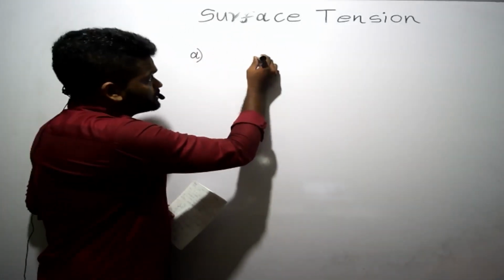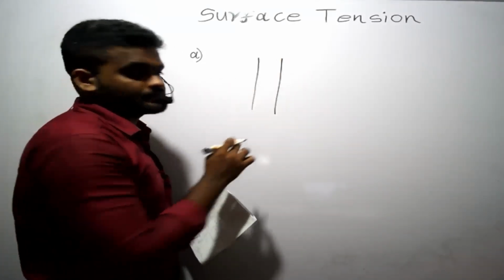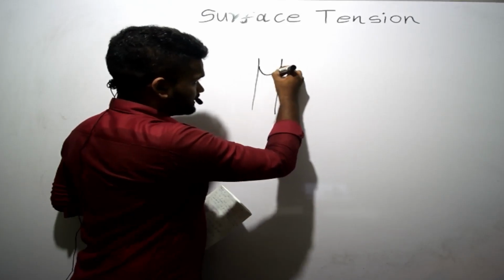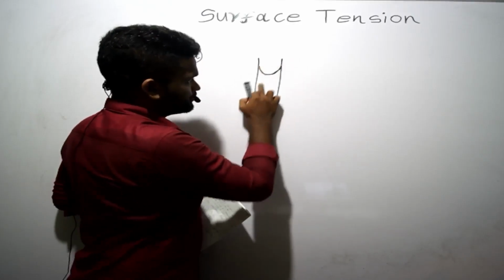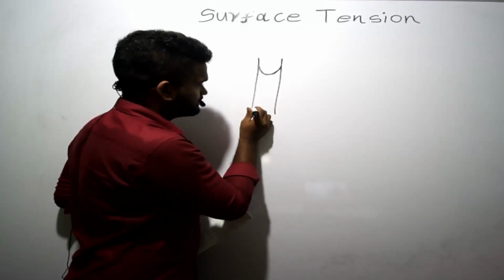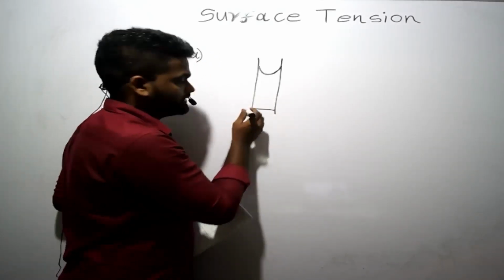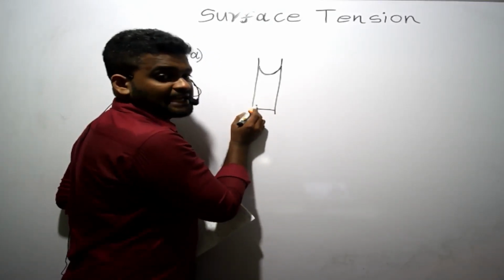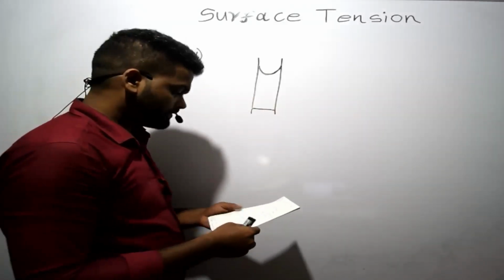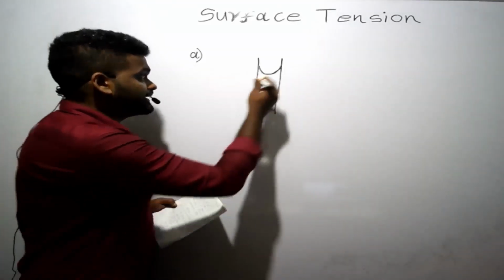So you have the tube, both ends open. The top meniscus is spherical because the contact angle is 0. But due to the weight of this liquid column, let's assume the bottom meniscus becomes flat. Actually, its contact angle becomes 90 degrees because of the weight of this liquid column. Understood?